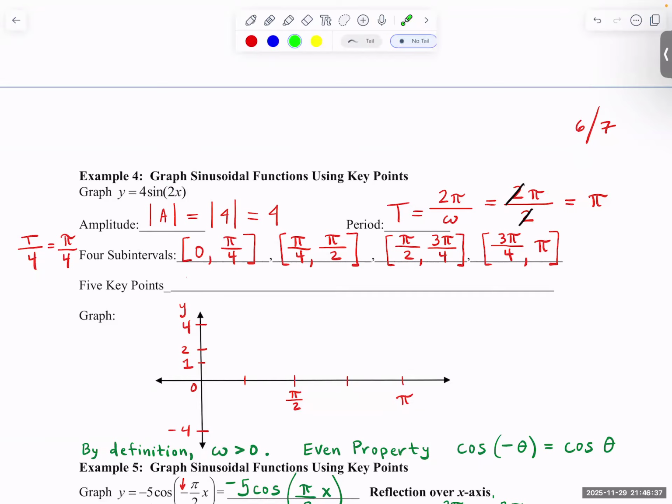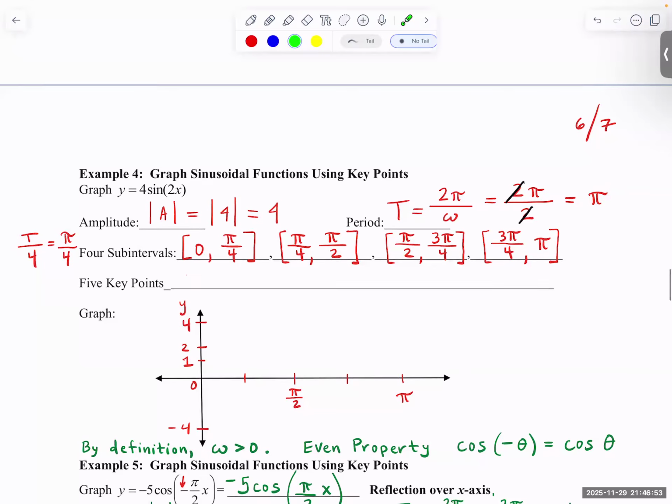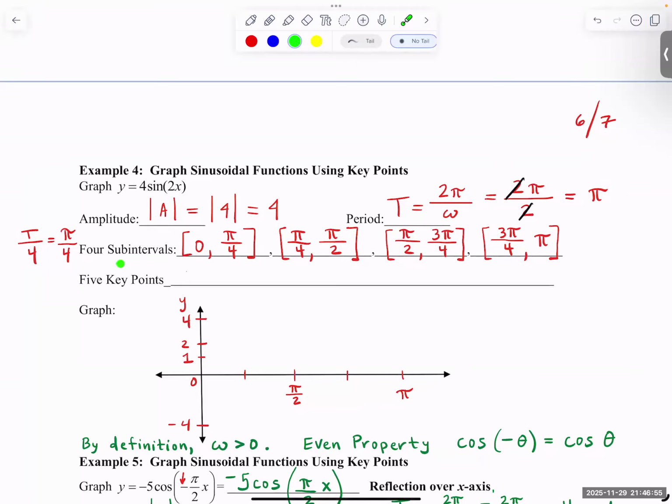Now we take the period, which is pi, and divide that by 4 to get the length of each of the 4 subintervals. So period T divided by 4 is pi divided by 4. So the 4 subintervals, starting with 0 radians, we're going to add pi over 4 because that's the length of one subinterval.